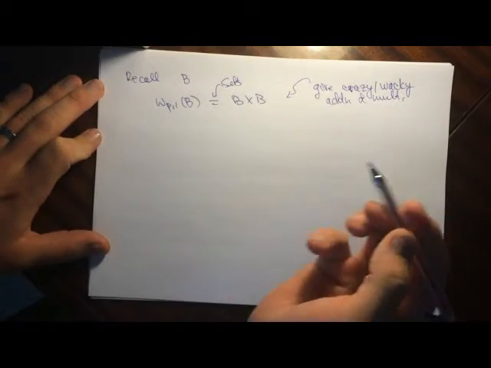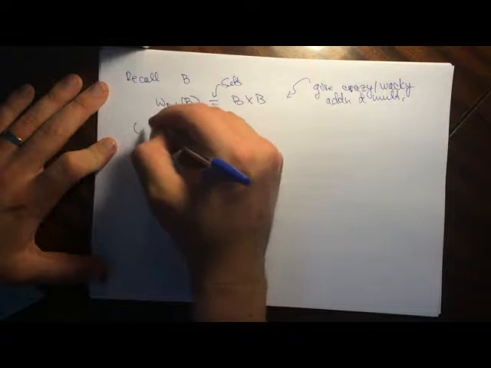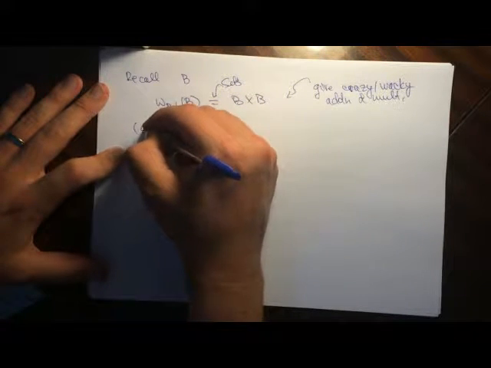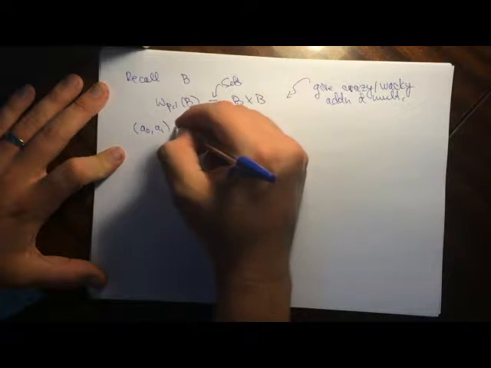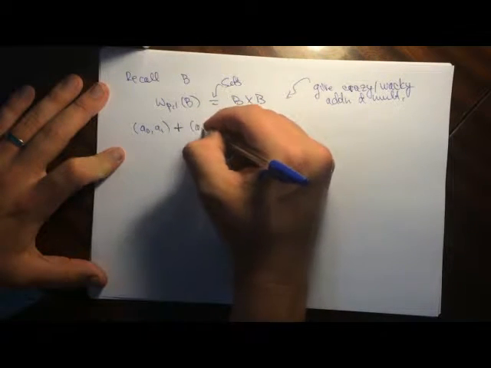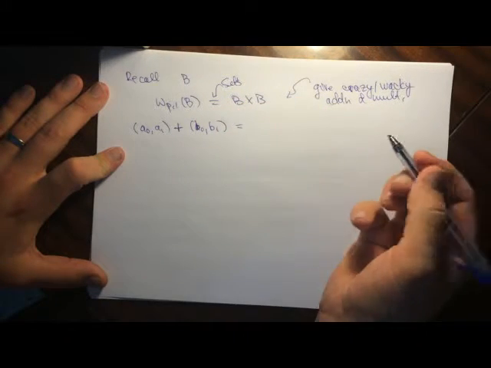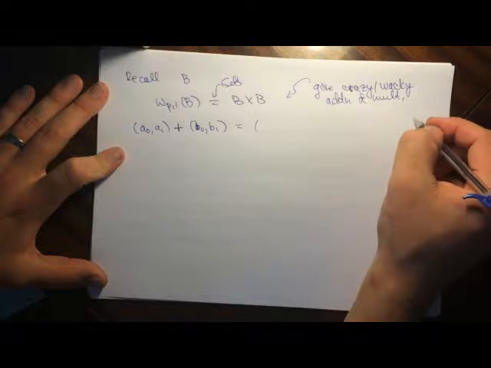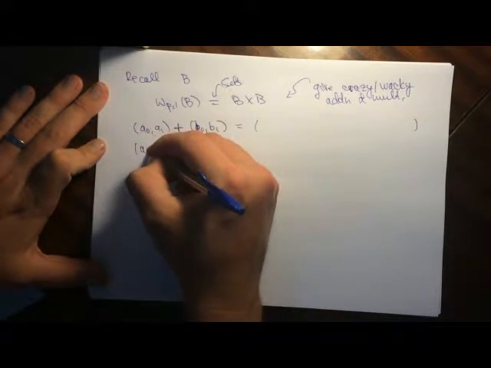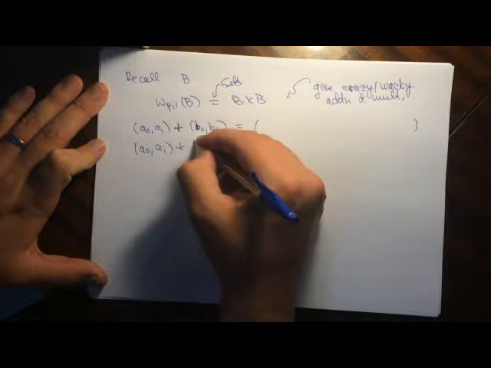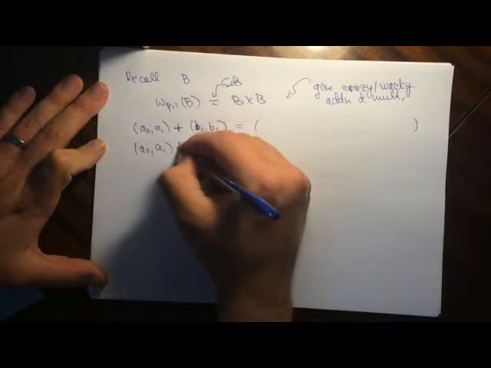We'll take (a0, a1) and add it to (b0, b1), and in crazy land we have some crazy rules here. Similarly we have some crazy multiplication.